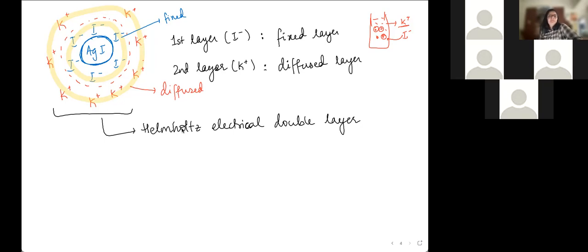In this example, I took I minus and K plus. This can be reversed also. If you're talking about the other sol, a positively charged sol, it can be like this: you have AgI surrounded by silver positive ions. This forms a positive sol.